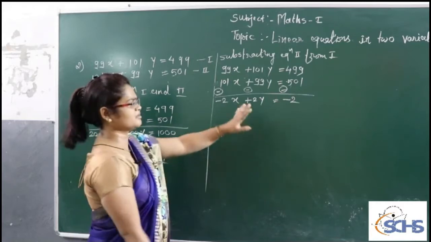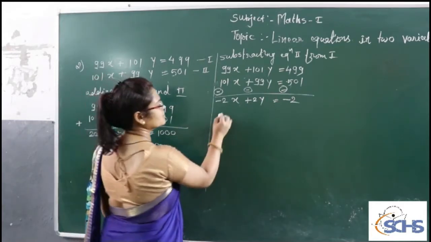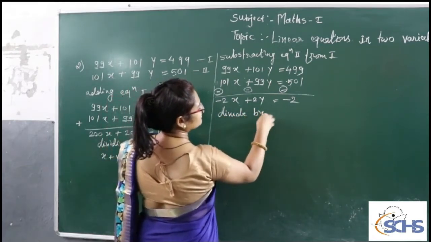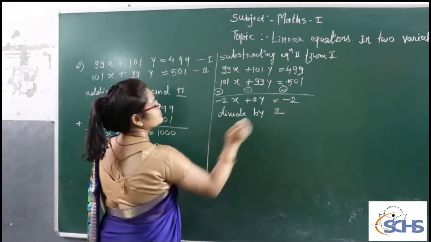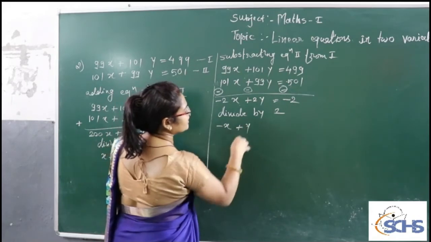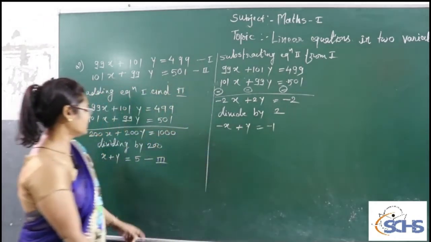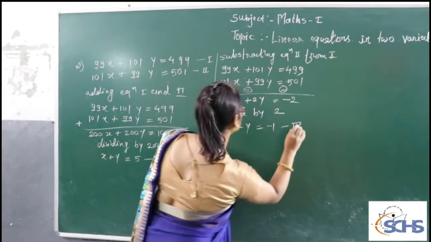We know that it is divisible by 2. We will divide it by 2. So we get minus x plus y is equals to minus 1. Now this was equation number 3, so this will be equation number 4.